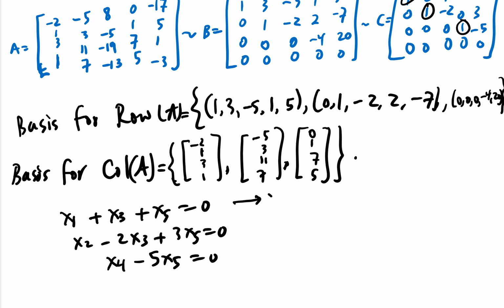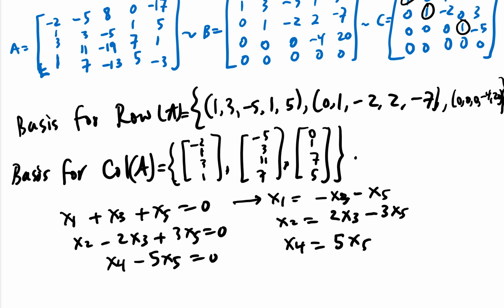So from here we have x1 equals -x3 minus x5, and x2 is 2x3 minus 3x5, and we don't know what x3 is, so it's a free variable, and then x4 is 5x5, so x3 and x5 are free variables.